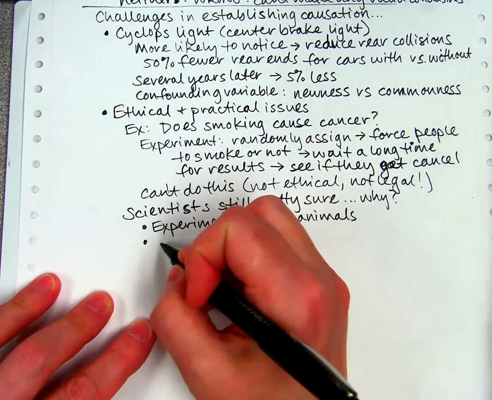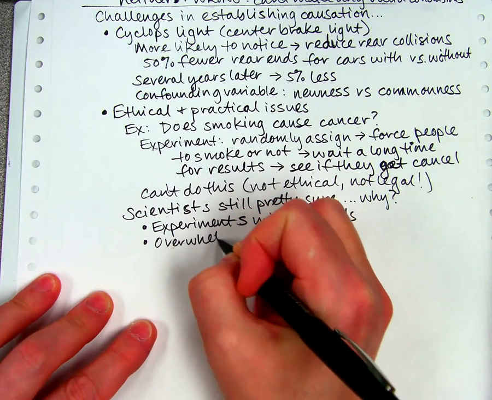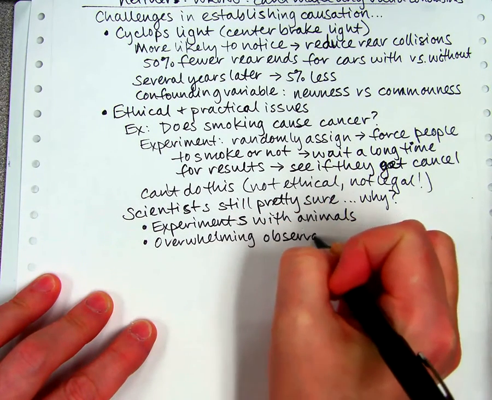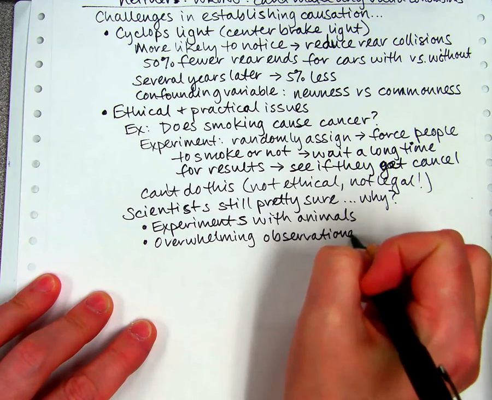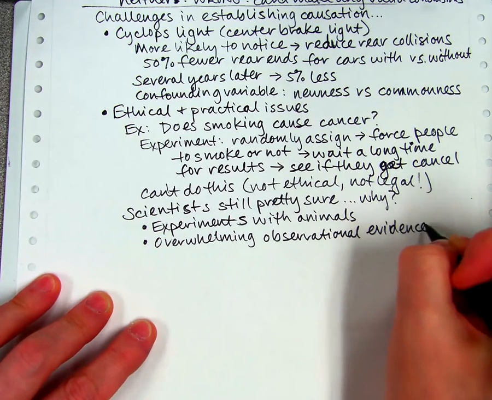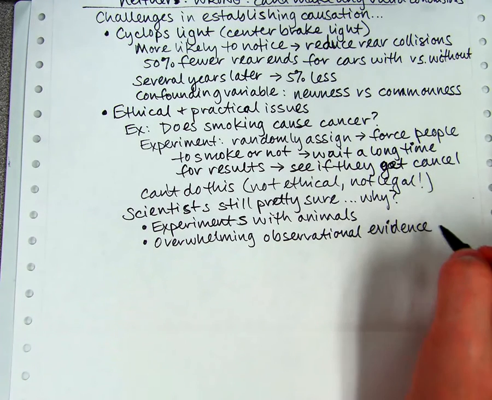There is, I would call it, overwhelming observational evidence. Autopsies on people who have died from cancer, and the ones who smoked, their lungs look terrible, and you may have seen some of that in health class or something, and the ones who didn't smoke, their lungs don't look so bad.